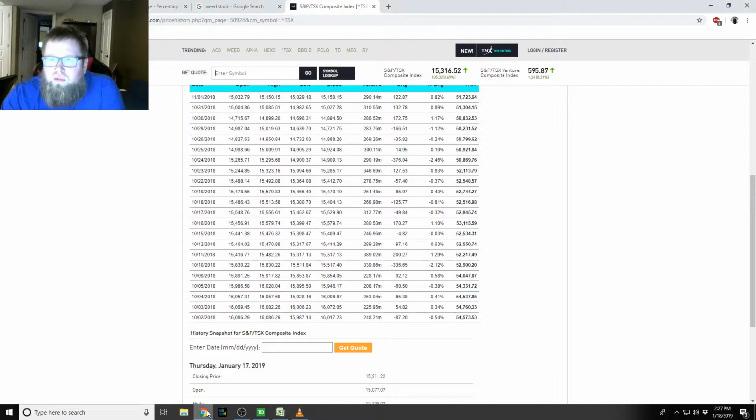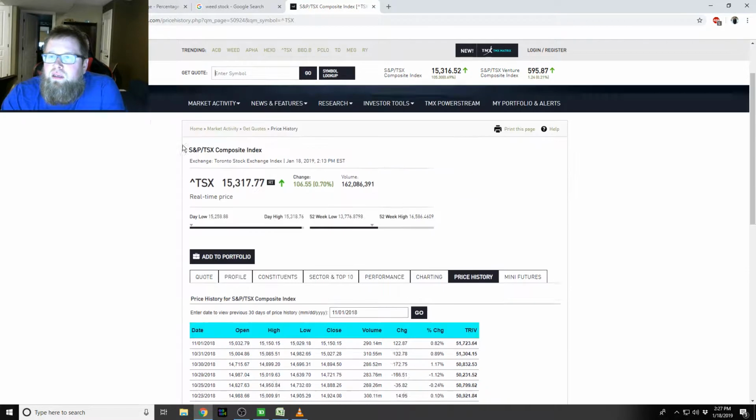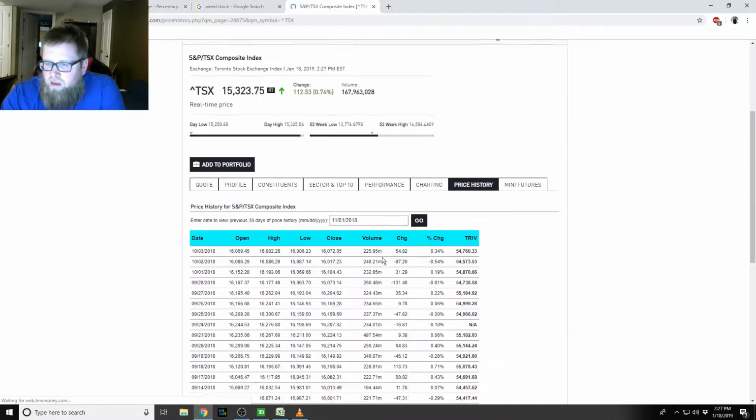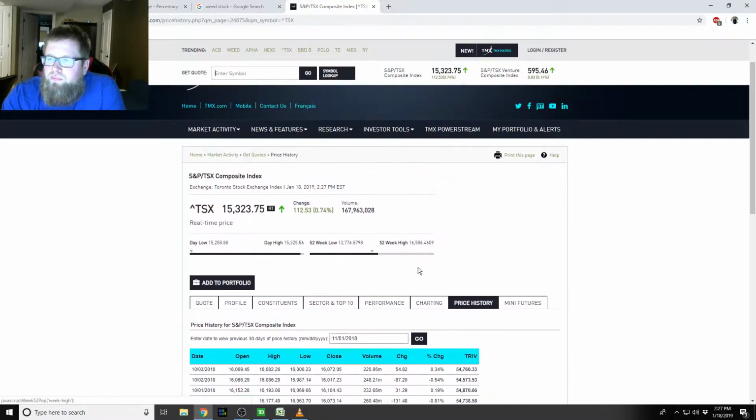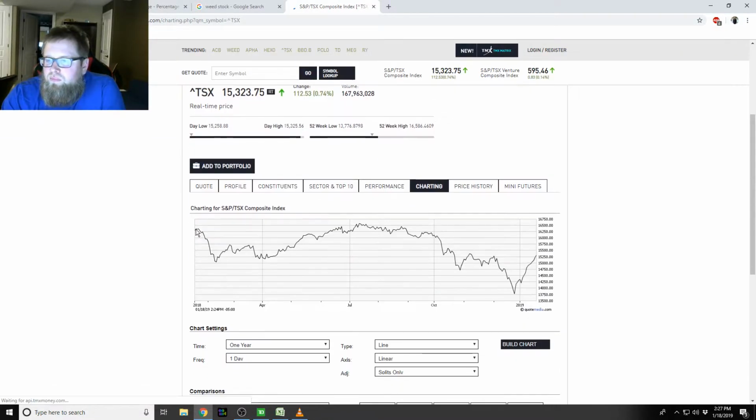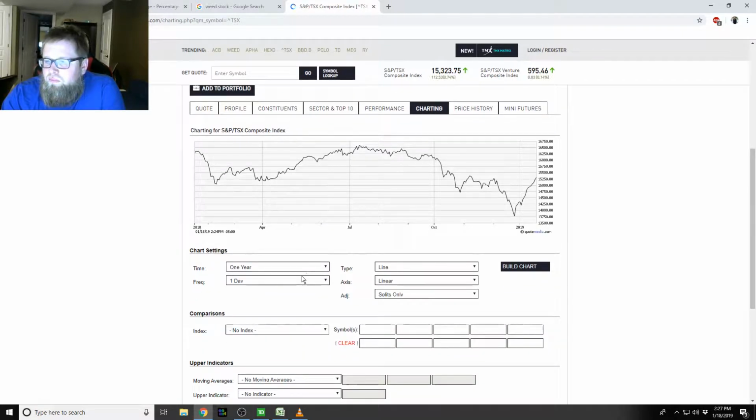See if I can pull up the TSX. These are the dailies. So early October, right here, you can see there's a significant correction all the way through till near the end of December.